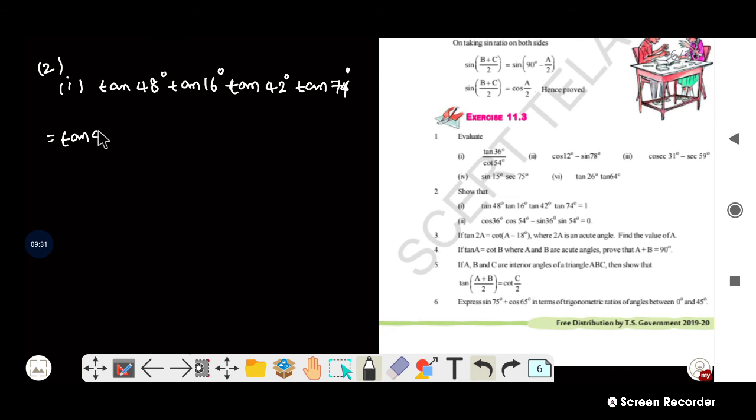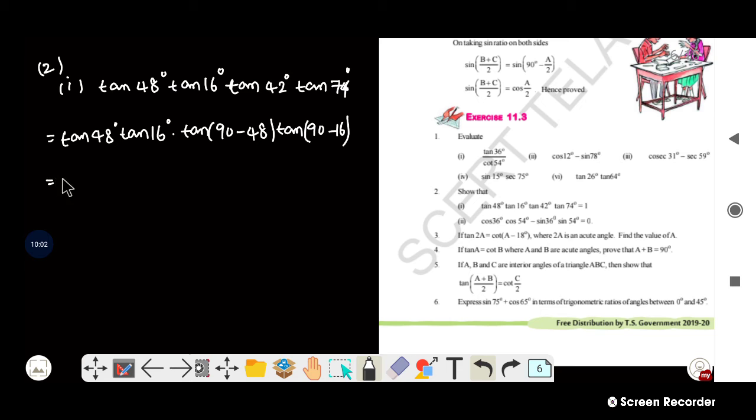Tan 48 is as it is and tan 16 is also as it is, but the tan 42 is there, no? Here is tan 90 minus 48, then only 42. Is it right? Now this one, tan 90 minus 16, then only we got this one.